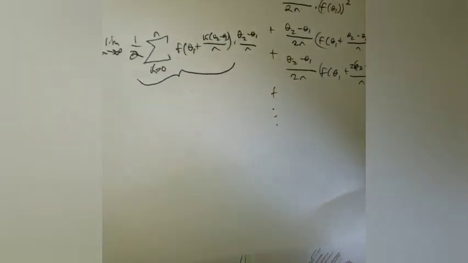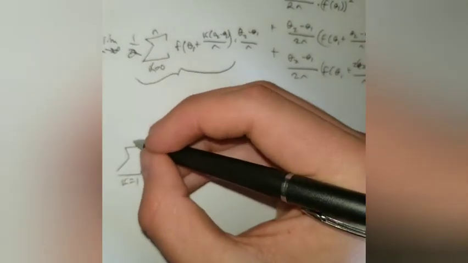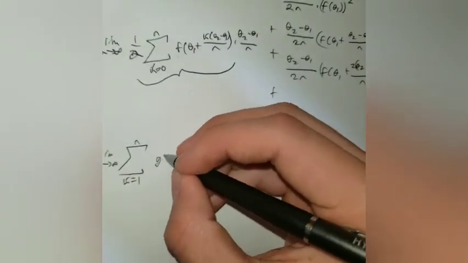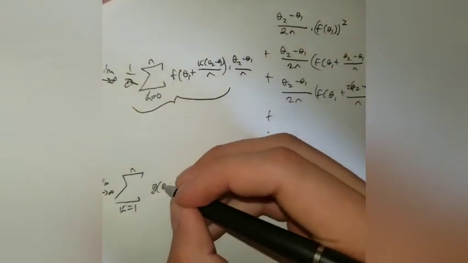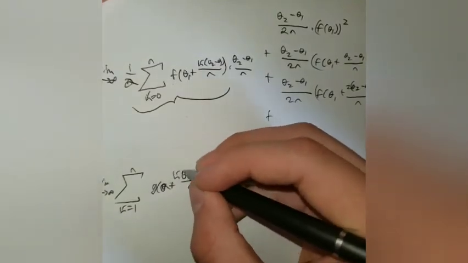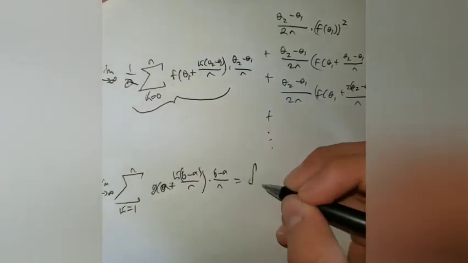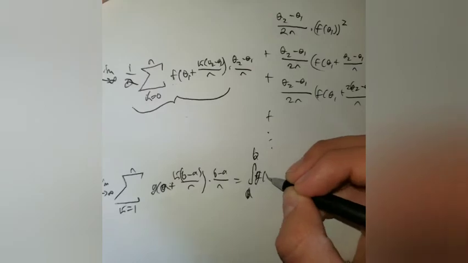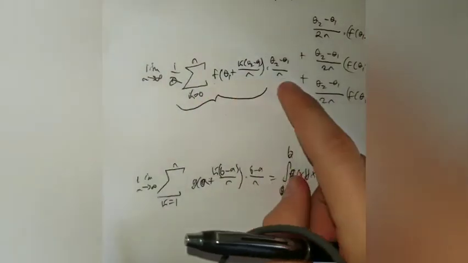So we're going to do this using my definition of the Riemann sum, which states the sum from k equals 1 to n, limit as n goes to infinity, of g of a plus b minus a over n times k, times b minus a over n, is equal to the integral from a to b of g of x dx. I'm just using a different function here not to confuse these. So you can just define this in terms of this.